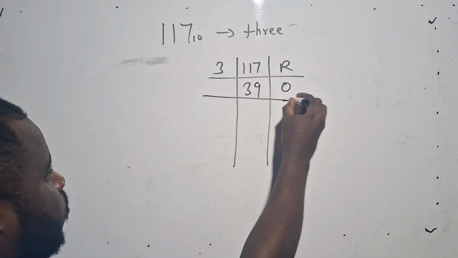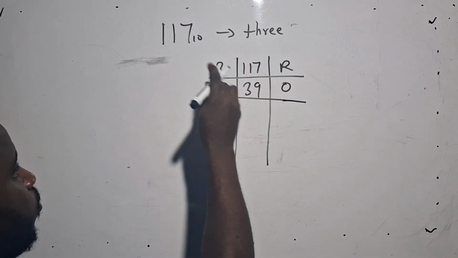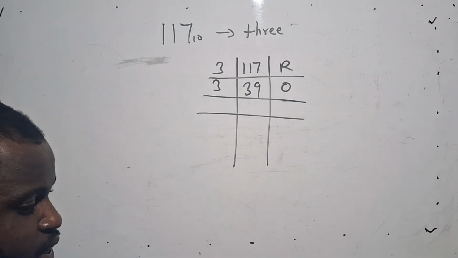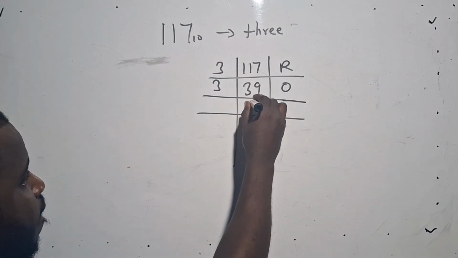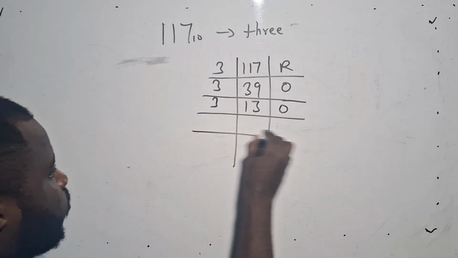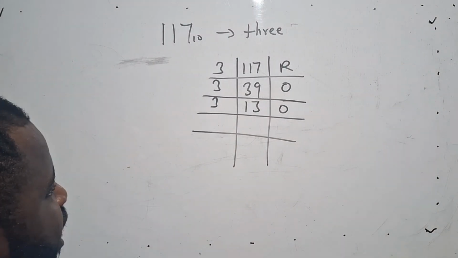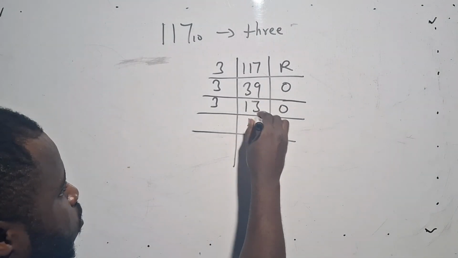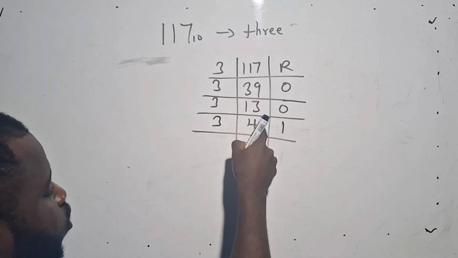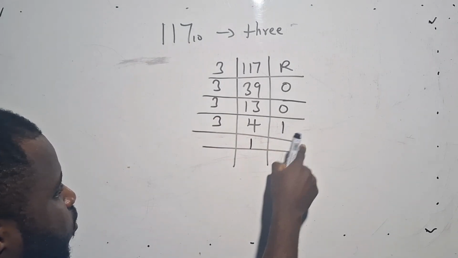Remainder 0. 3 can go into 39 how many times? 13. Remainder 0. 3 can go into 13 how many times? 4. 3 fours are 12. Remainder 1. 3 can go into 4 once.